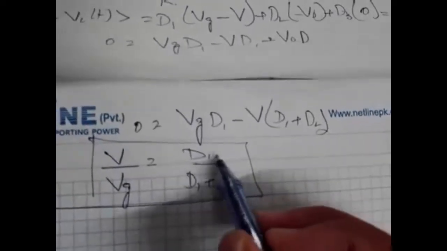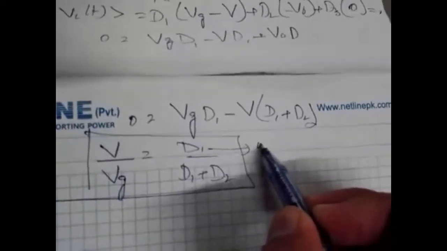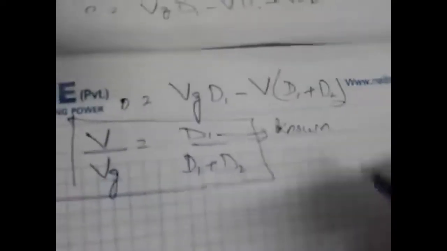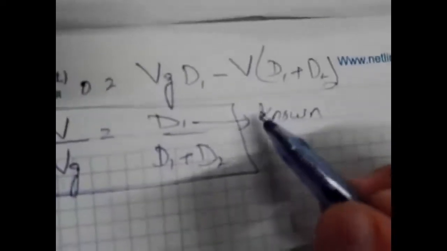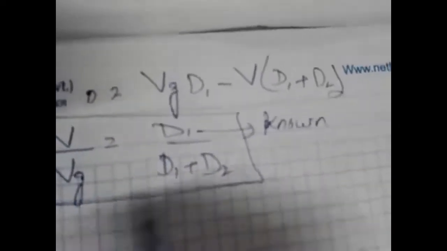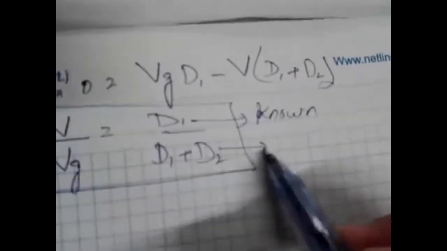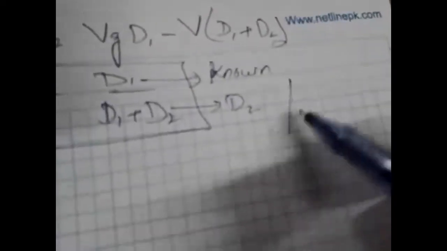So here let's look at the conversion ratio. In this ratio, D1 we already know, because we set it ourselves, whatever I want, I set by my own choice. But I am unable to know D2, because I don't know up to which time it de-energizes.